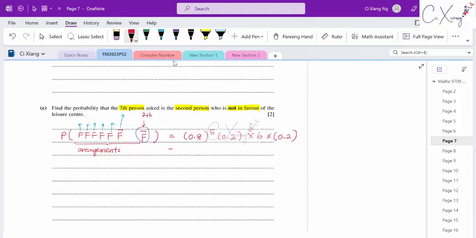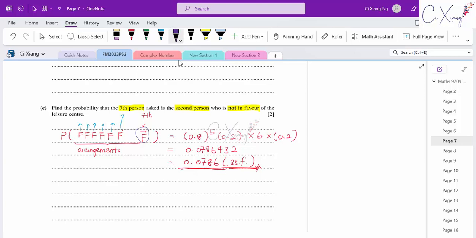Okay, so if we write out the steps like this, then simplify it, we will get the answer 0.0786432, or we simplify the answer into 0.0786, correct to 3 significant figures. Okay, so this is how we get the answer for this question.